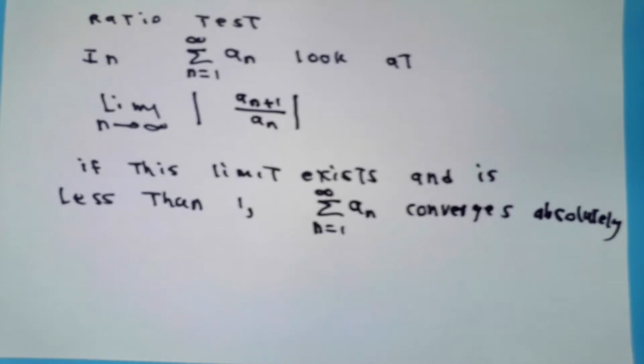Not only does it converge in the nice sense of the word, it converges absolutely. If the limit is bigger than 1, it's possible to show that the series diverges. And as we've seen in the previous two examples, if this limit comes up exactly 1, that doesn't tell me convergence or divergence. First thing, I want to convince myself that this statement in front of me is correct.